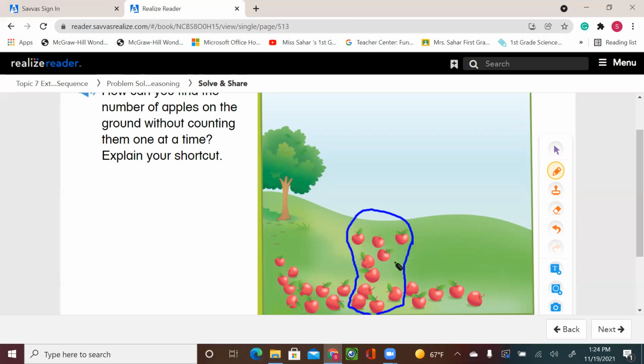One, two, three, 4, 5, 6, 7, 8, 9, 10. Let's count, this also will make a group of 10. So 1, 2, 3, 4, 5, 6, 7, 8, 9, 10. That's also another group of 10. Let's use a different color.